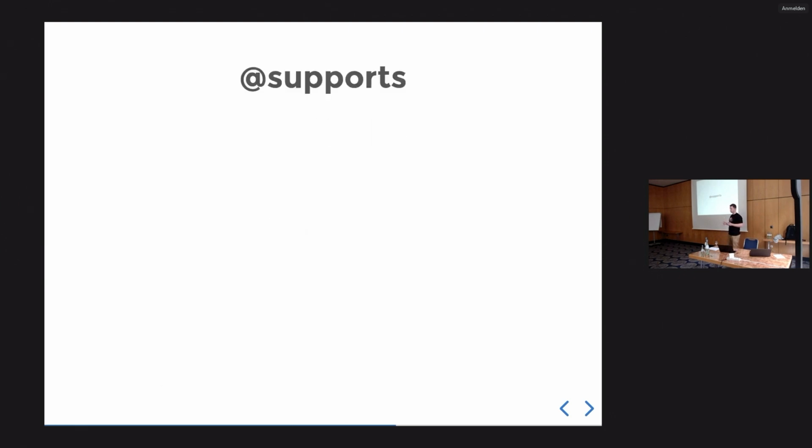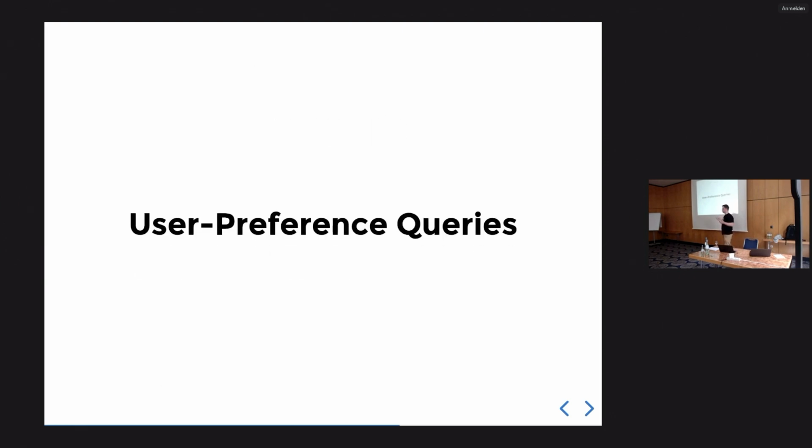We have stuff like user preference queries, which weren't available back then. So stuff like, do you want animations, dark mode, light mode, all of that. And all of this was introduced into the browser about 8 years ago. So there's even more to see.